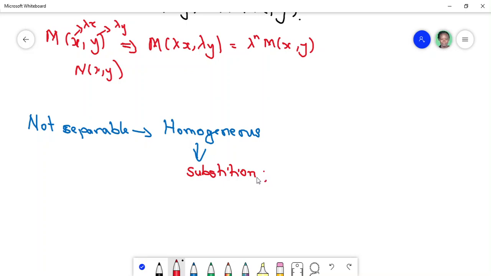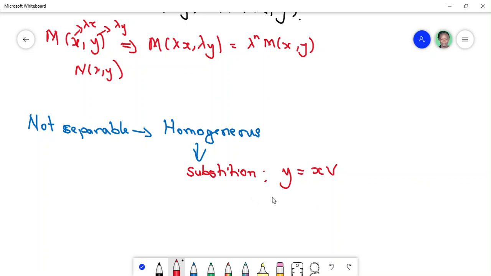What is the substitution we are talking about? The substitution is that wherever I see y, we are saying y is going to be equal to xv.